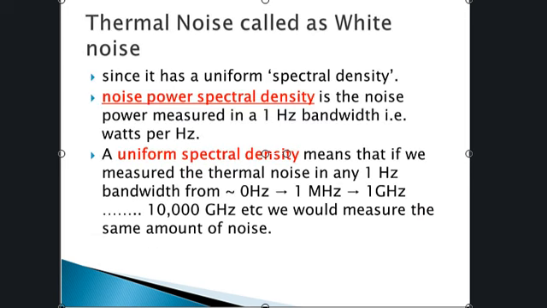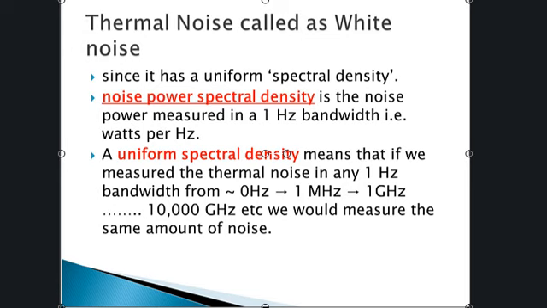Thermal noise is also called white noise, since it has a uniform spectral density. Now, what do you mean by noise power spectral density or spectral density? Spectral density is a distribution of power over frequency. So noise power spectral density is the noise power measured in 1 Hertz bandwidth.